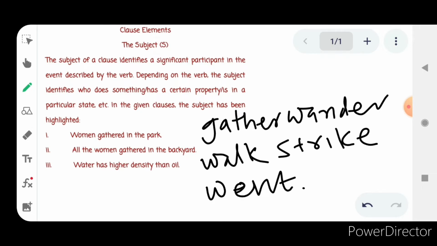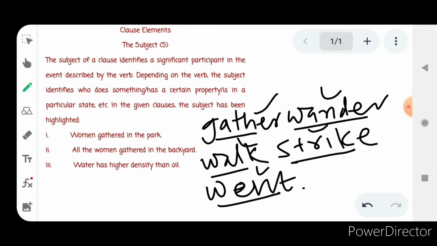So this is not a sentence. These words are separately, individually they are verbs, but a collection of some words cannot be a sentence.